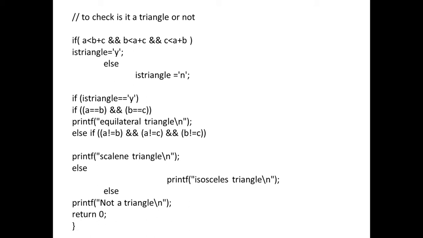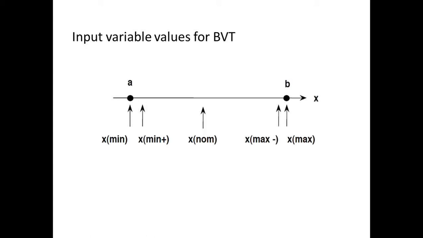Now let's see what is boundary value analysis. So here you can see the triangle. As the name indicates, boundary value means it will consider only the boundary values. For example, in our program, we have taken the values for the three sides of the triangle as 1 to 10.